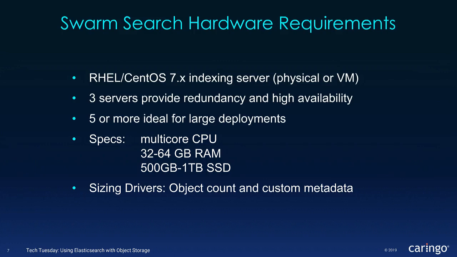Any color to add to this, Jam? No, that sounds good. The main thing is just to make sure you have a good amount of memory. Don't skimp on the memory for Elasticsearch, because that improves its speed very much also. Right. And there's a heap driver there as well, isn't there, Jam? There's only so much heap in Java that you can use before performance degrades, which is why we dial in on that memory count per server.